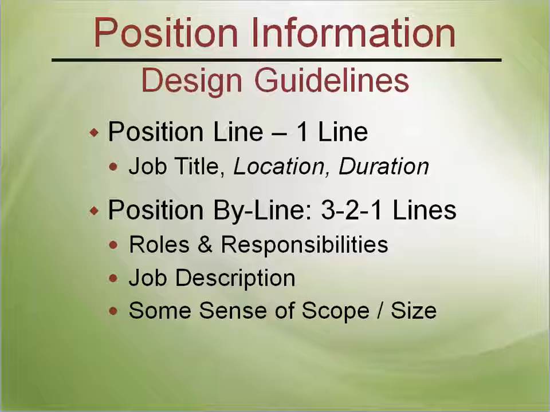As you move further back into your work experience, you need to provide equal or preferably less detail in the position byline. Initially a maximum of 3 lines, then maybe 2, then 1.